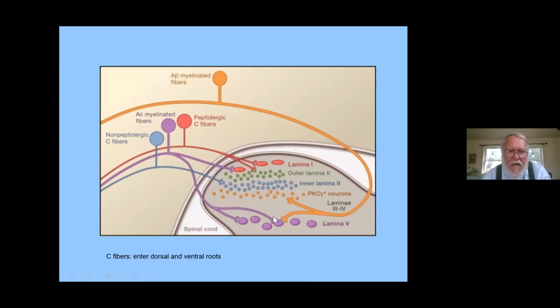They are getting information that has to do with basically gross touch, gross pressure, whereas lamina 2 and 5 are getting A delta and C type of information, which has more to do with nociception. And the C fibers, of course, will enter both through the dorsal and the ventral roots.